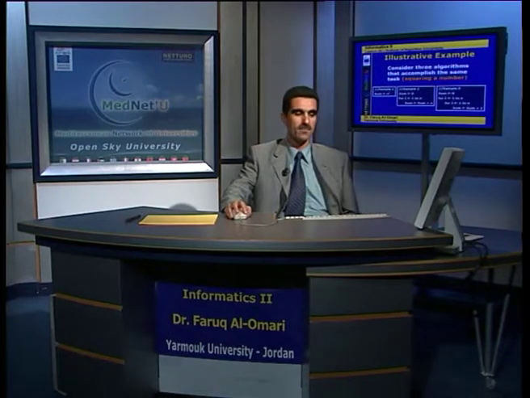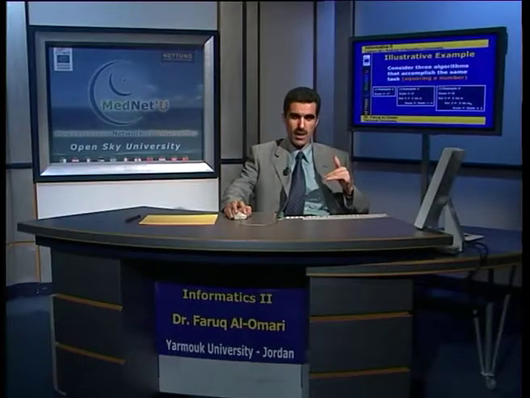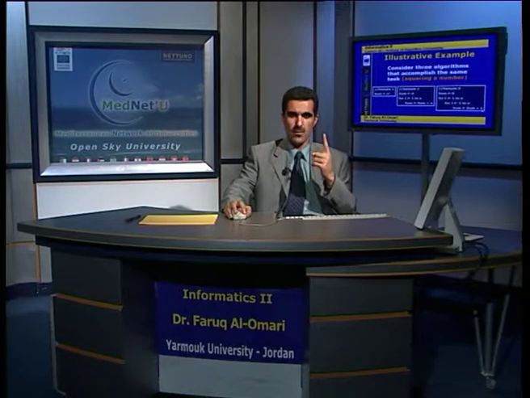So it works. The third example is where I'm going to initialize again my accumulator with 0, but this time I'm going to have two loops. Okay? Each one of them going from 1 to n. So this inner loop is going to go n times, and this outer loop is going to go n times as well. Each time, the accumulator is going to be incremented by 1. All right?